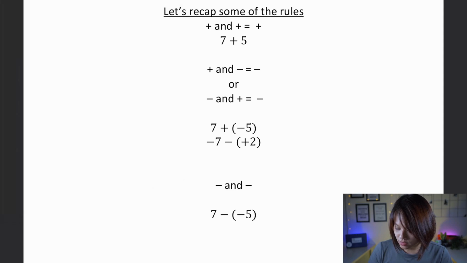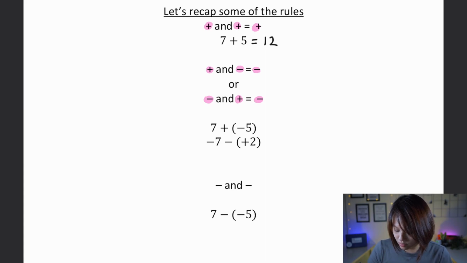So the first rule is if you have a plus and a plus, it will still give you a plus. For example, if you have 7 plus 5, you just add the two positive values up, and you'll get 12. The next rule is if you have a plus and a minus, it will give you a minus. Or if you get a minus and a plus, it will be a minus still.